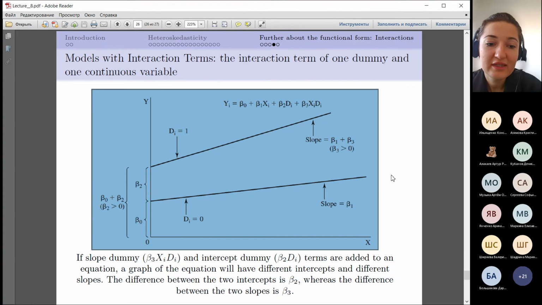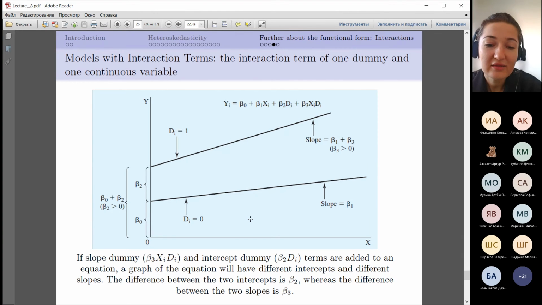So the slope dummy and intercept dummy terms added to an equation will lead to different intercepts and different slopes. And the difference between the two intercepts here is beta 2. And the difference between the two slopes is beta 3. Okay?